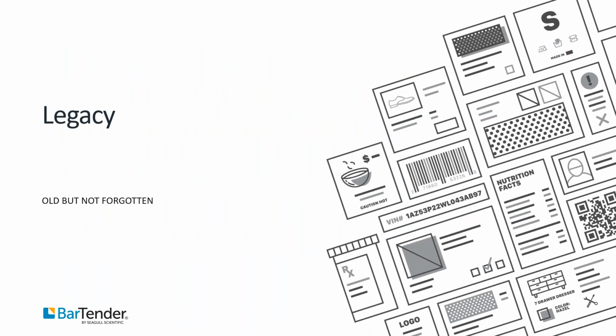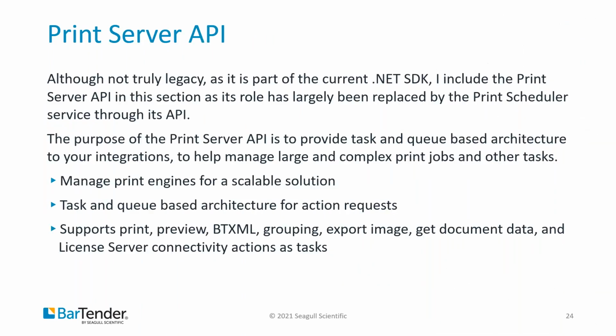And now we move on to the legacy stuff, just to cover this. Now the first one is actually part of the .NET SDK, and I term this as being legacy because the purpose of the Print Server API is to offer a task-based structure for managing your print engines, to submit tasks to essentially a queue, and for those tasks to then be executed.